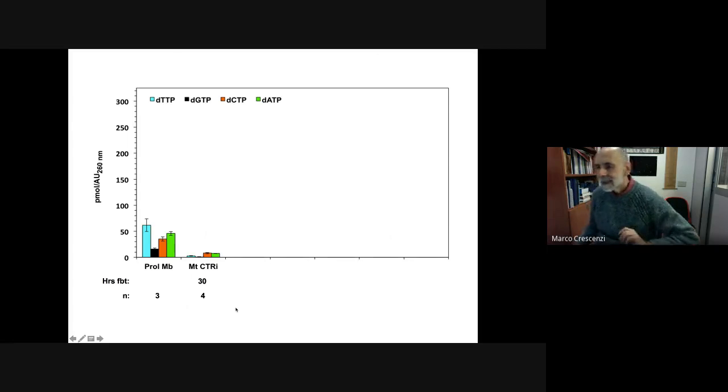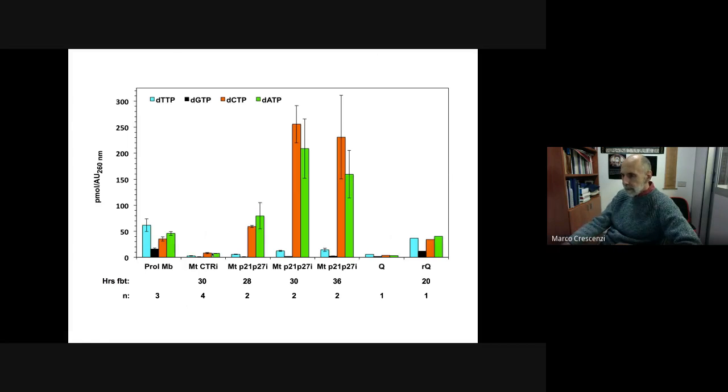So now we asked, what does the nucleotide pool in a reactivated myotube look like? It looks like this. You see, two of the nucleotides, CTP and ATP, are highly overexpressed, say 28, 30, or 36 hours after reactivation by suppression of P21 and P27. P27 is another cyclin-dependent kinase inhibitor.